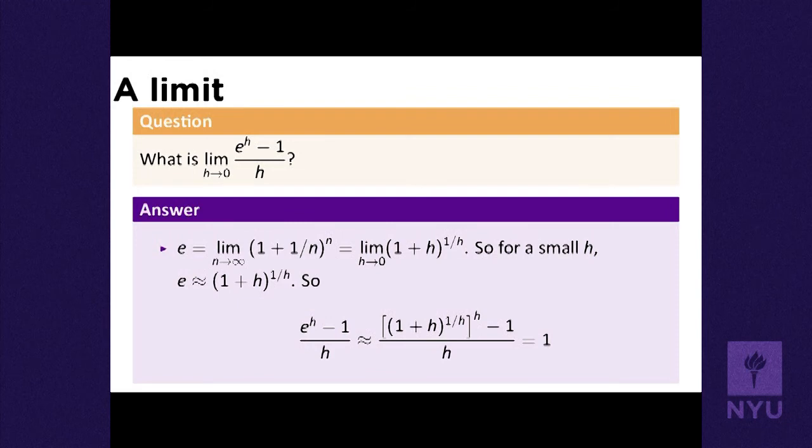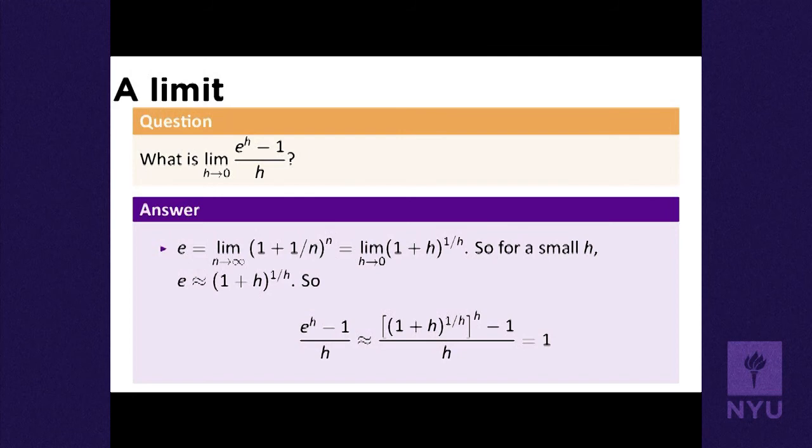Well, let me just sort of approximate what the limit should be. We know that the definition of e is the limit as n goes to infinity of (1 + 1/n)^n. That's by taking a large power and letting it go to infinity. Instead of taking a large number and letting it go to infinity, we can take a small number and let it go to 0.